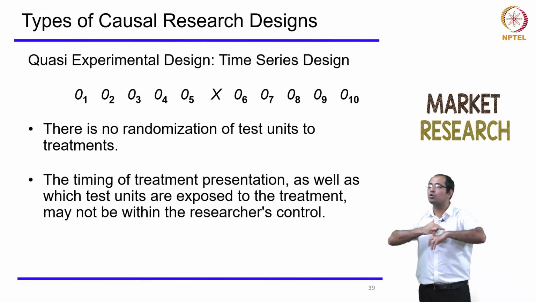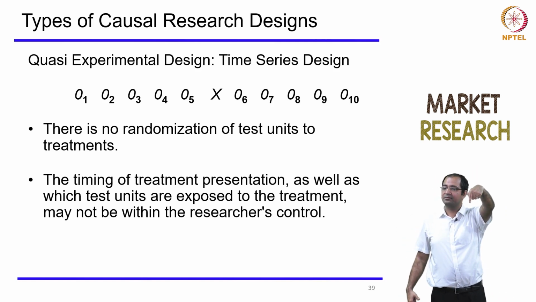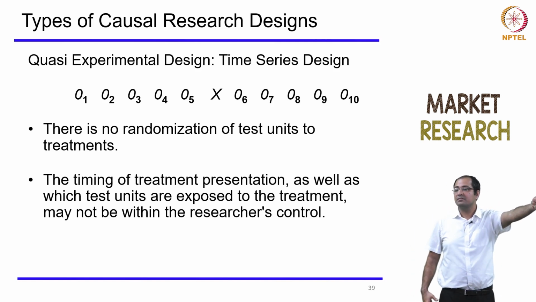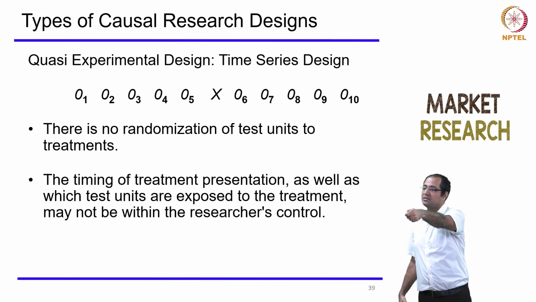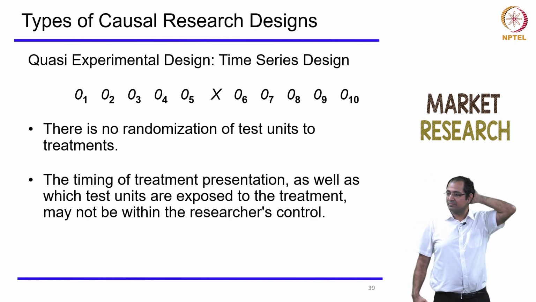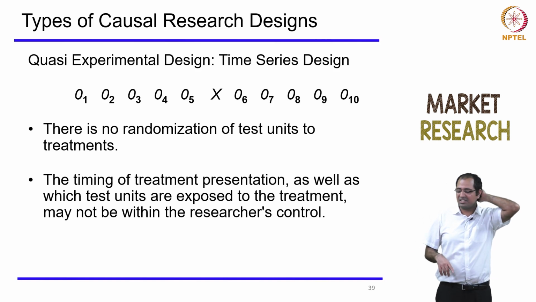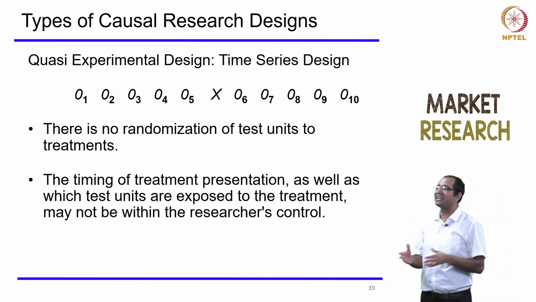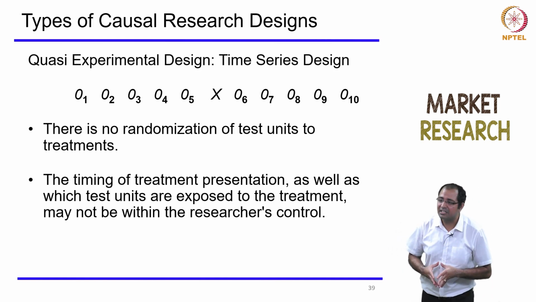But I do not have control over when the test units will receive treatment. I cannot do randomization, and I cannot control which test units will be exposed to treatment. And you see in this there is the time series design, which means I take multiple observations before and after the treatment. Now what is the use of this when many things are not under control?